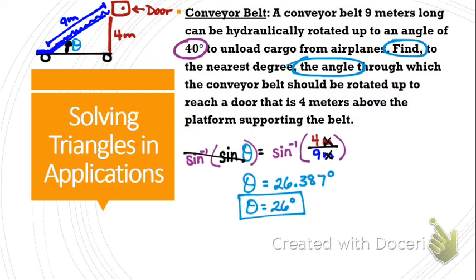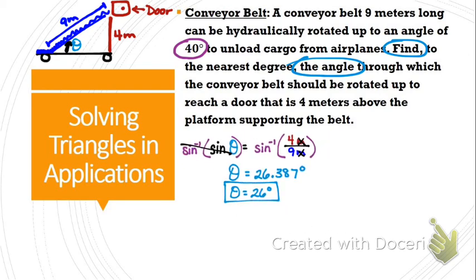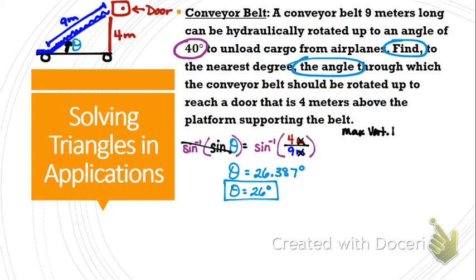What is the maximum height this thing could get to if it was fully extended? What would help me figure out the max vertical height if the conveyor belt is fully extended? Sine 40 equals x over 9.